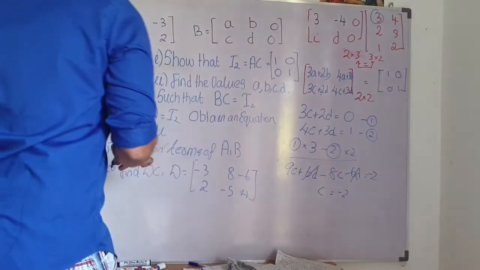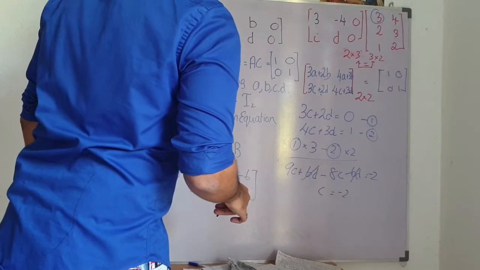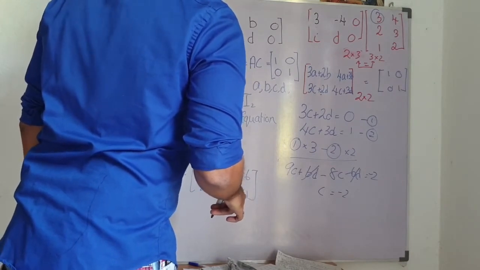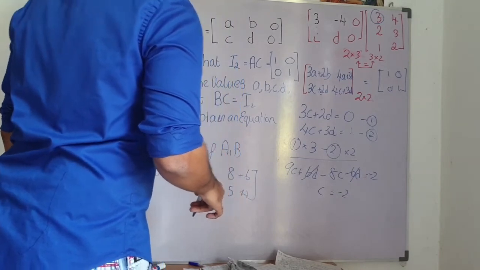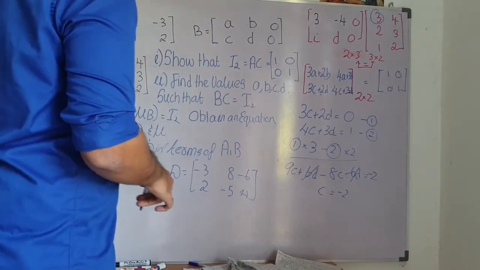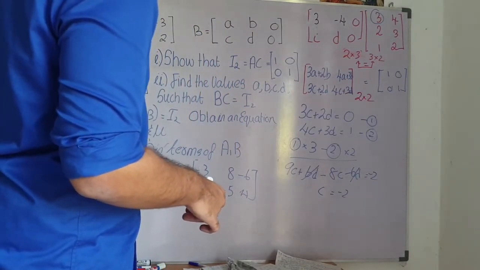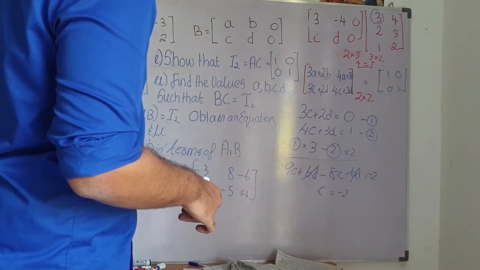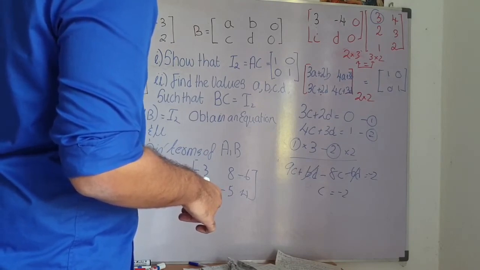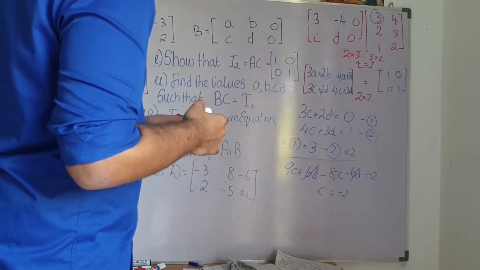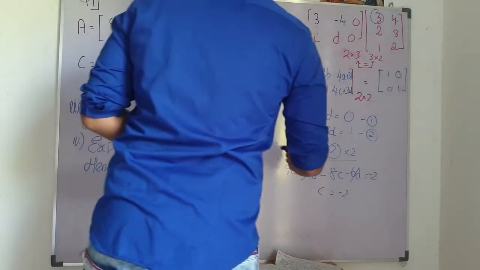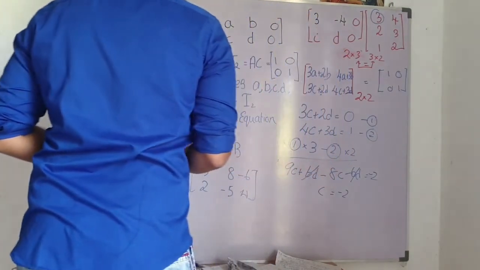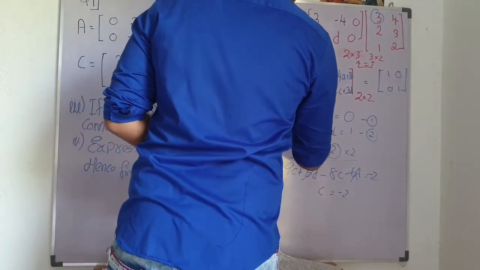When c equals minus 2, it will be minus 8.